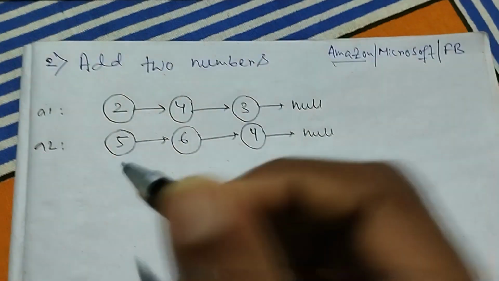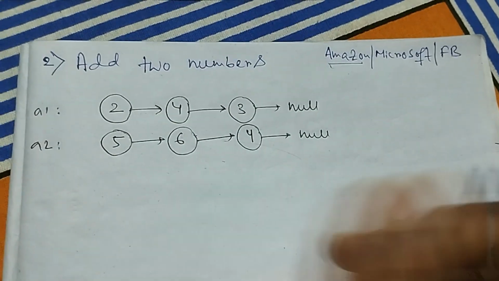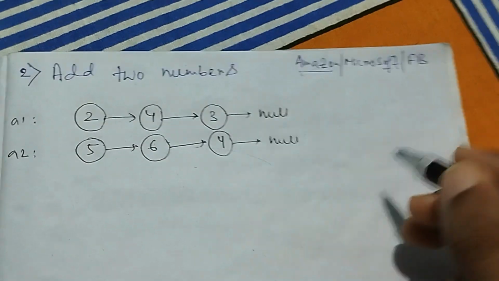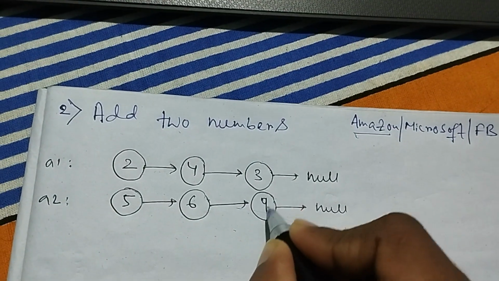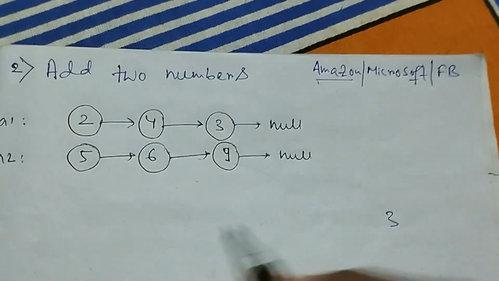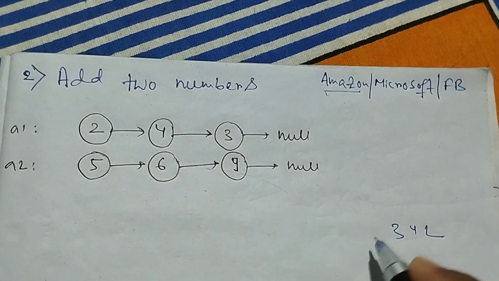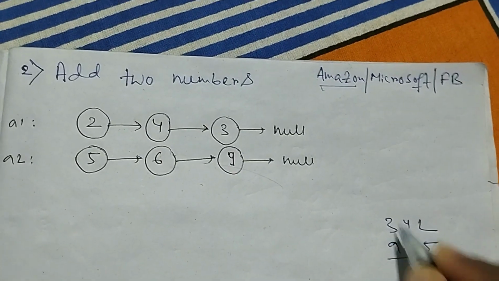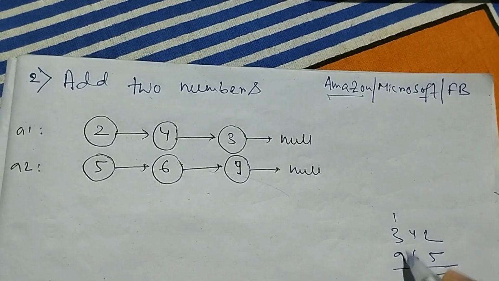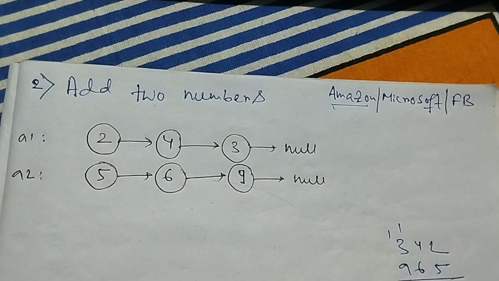So these are the two given linked lists we have, 2 4 3 and 5 6 4. These are in reverse order, so the actual numbers would be 3 4 2 and, let's take it as a 9, 9 6 5, so it would be a good example. Adding them, 3 plus 9 gives 13, and yeah, you got it.